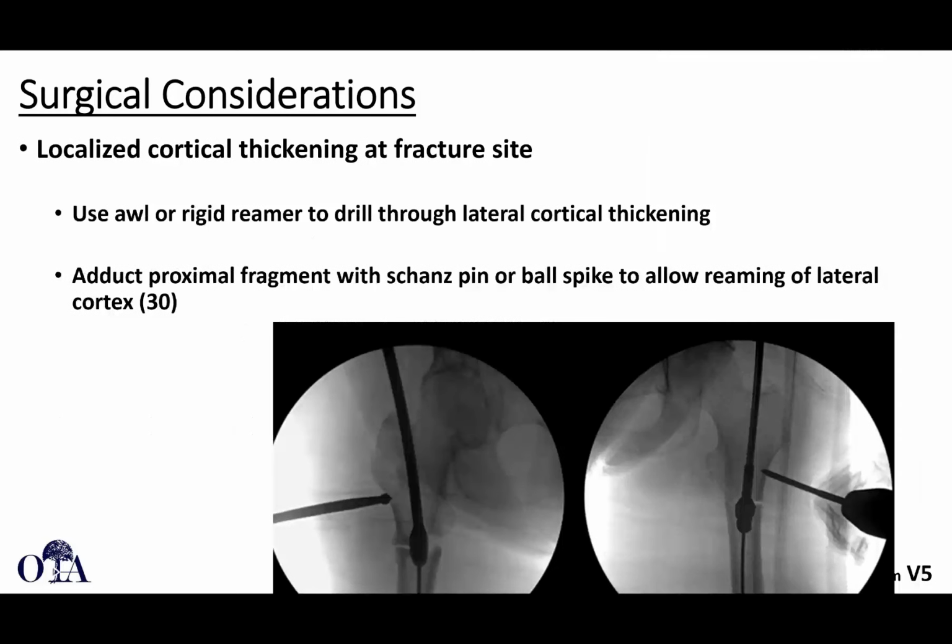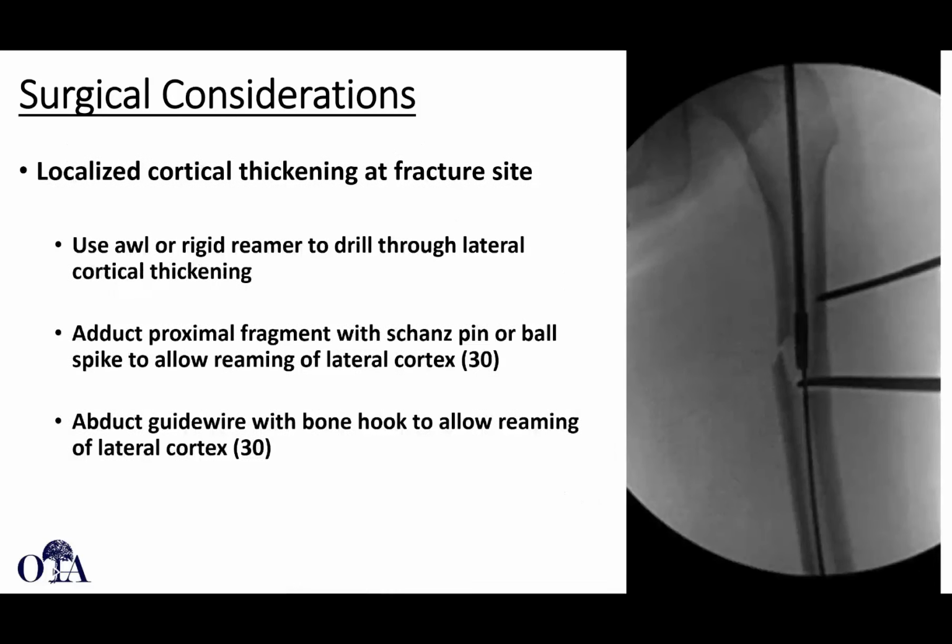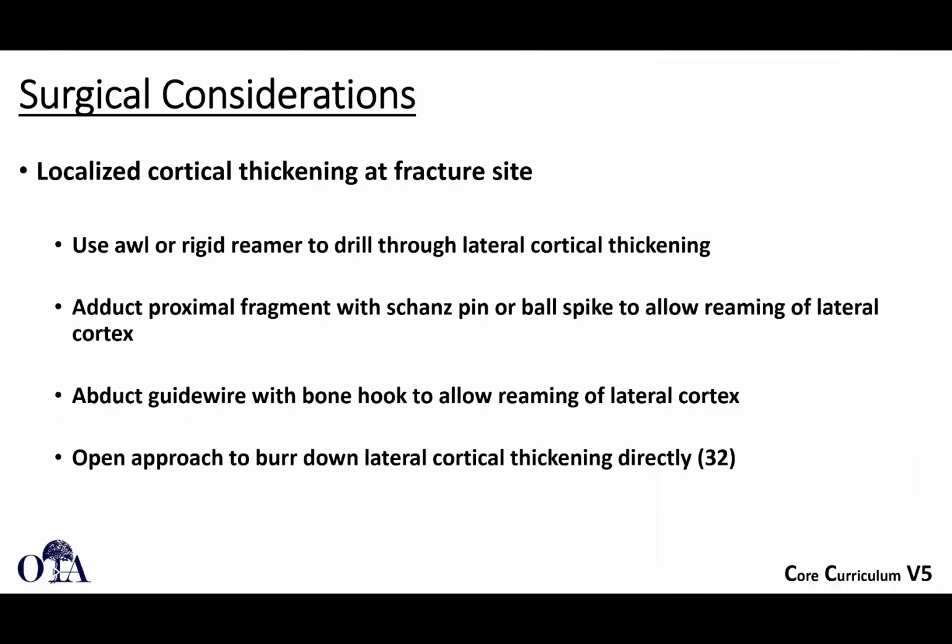And you can really see that endosteal thickening right there in addition to the cortical beaking. So you may also have to get that guide wire pulled laterally. Here you can see, through the fracture site, they've used a bone hook to pull the reamer laterally to make sure that they're reaming laterally in addition to just falling medially.